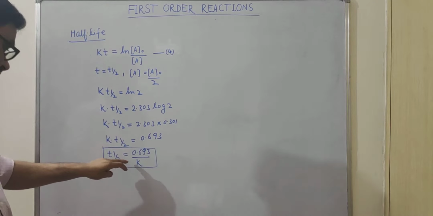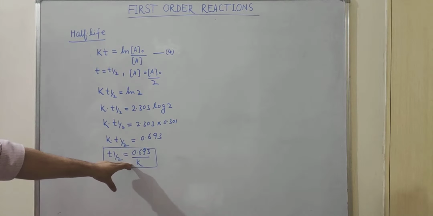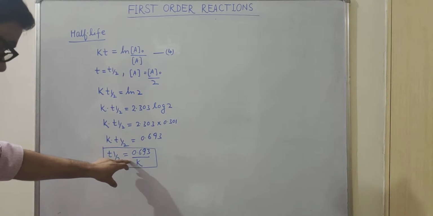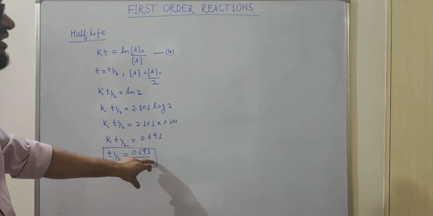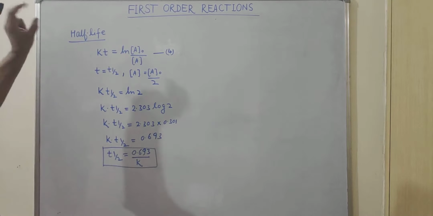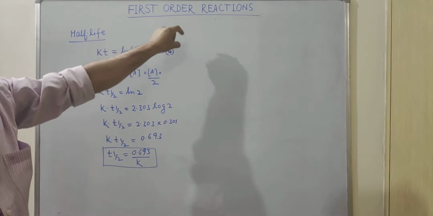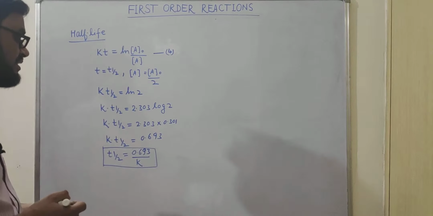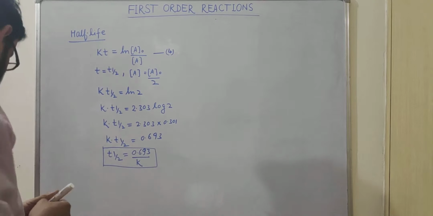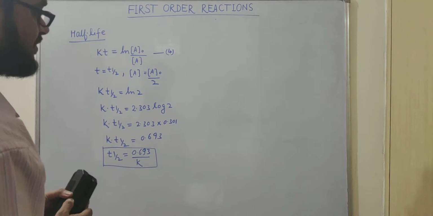So if you see the t half equation for the first order reaction, there is no concentration term. So the half-life of first order reaction is independent of the initial concentration of the reactant species.